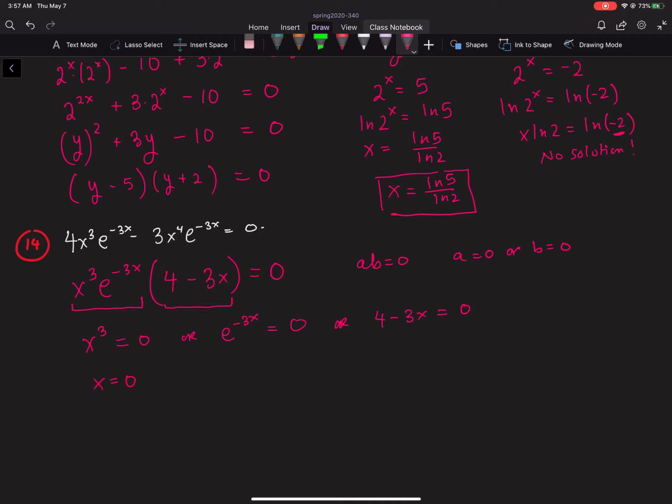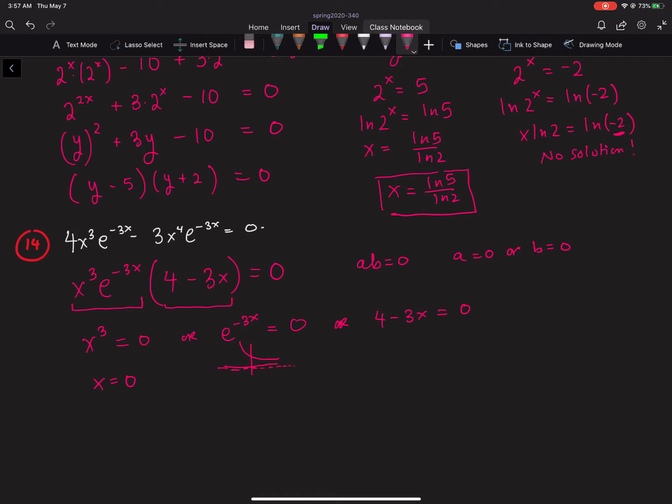The middle case, if you think about it, can you raise e to any x to give you 0? Not possible. The graph of e to the negative 3x looks something like this, with the horizontal asymptote right there.